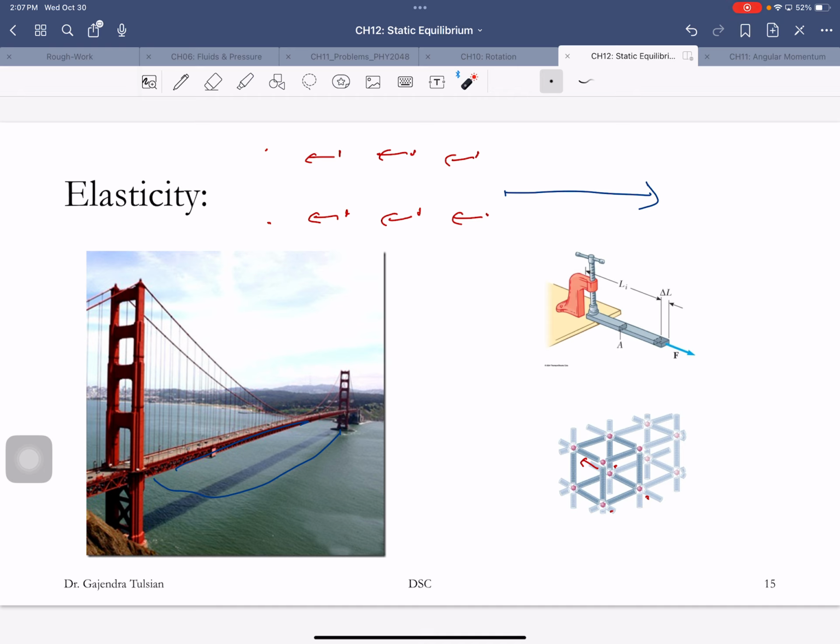What's happening to the width? Shrinking. It's shrinking. The volume of this object doesn't change. So when the length increased, the area of cross-section decreased. But that's not as noticeable because that dimension is small. Okay? So we'll consider tensile stress, where the most noticeable deformation is in the length.